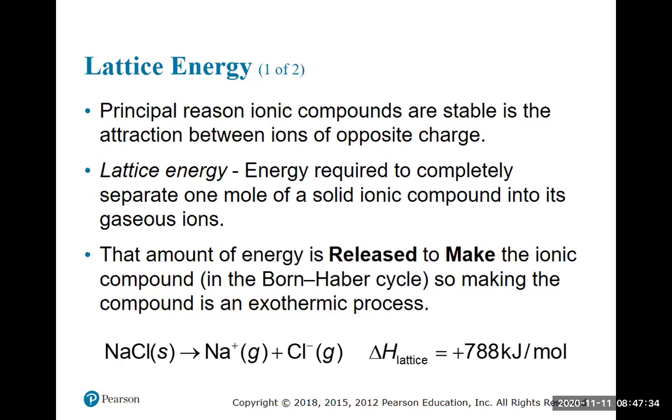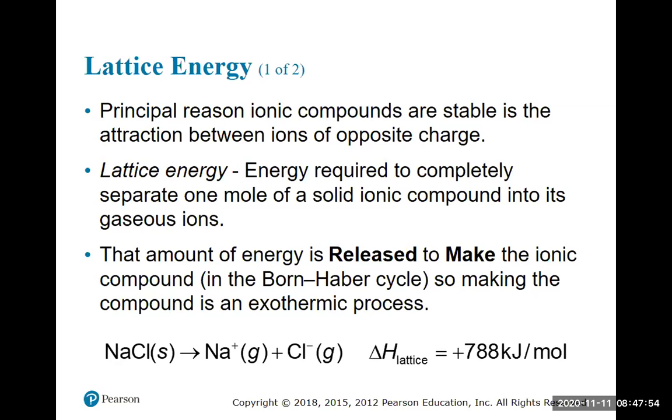If we go the other way, if we were going to make the sodium chloride, taking the gaseous sodium ion and gaseous chloride ion and combining them, then that would also be 788 kilojoules, but it would be a negative value because that would be exothermic.